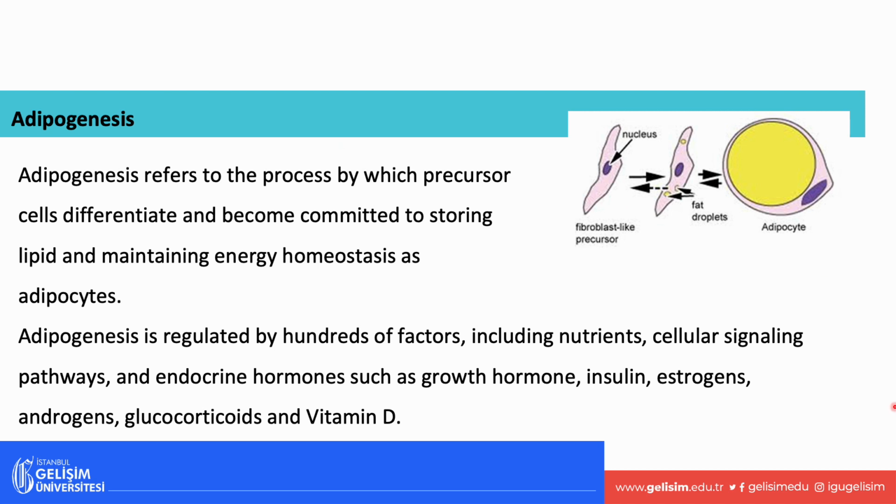Adipogenesis is a process in which precursor cells differentiate and become committed to storing lipid and maintaining energy homeostasis as adipocytes. Okay? So the process is regulated by numerous factors, including nutrients, cellular signaling pathways, as well as endocrine hormones like growth hormone, insulin, estrogen, androgens, glucocorticoids, and also vitamin D. So during adipogenesis, the precursor cells undergo a series of complex molecular and cellular events that include proliferation, growth arrest, as well as terminal differentiation.